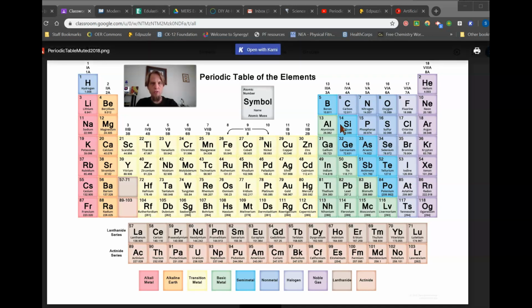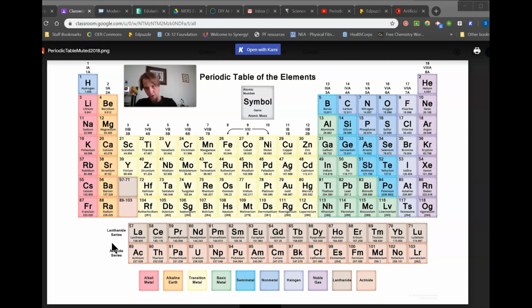We call these also transitional metals. So we have the alkali, the alkaline earth, transitional metals, then you have basic metals, aluminum, gallium, indium, tin, semi-metal, and then you go to non-metal, halogens, and the noble gases. These are noble gases because they do not intersect.